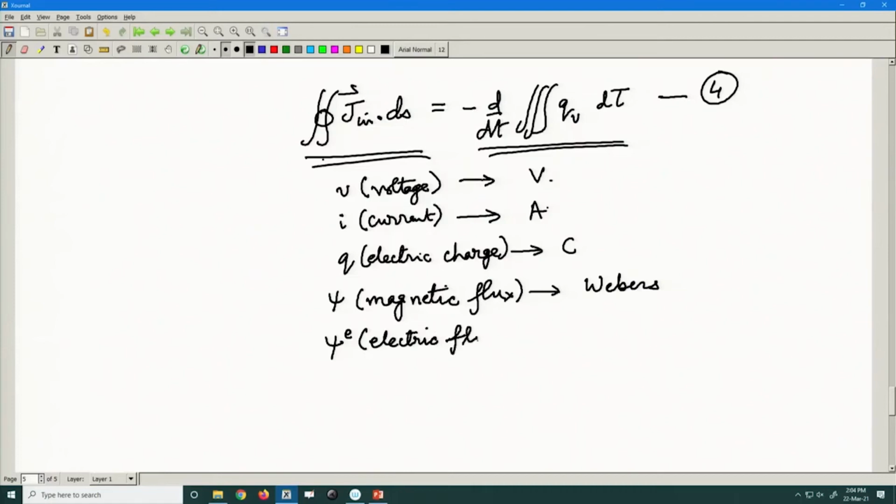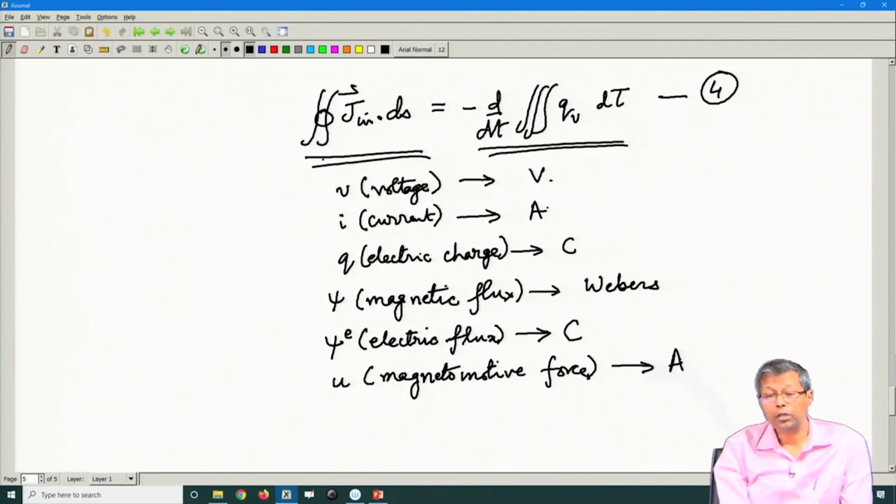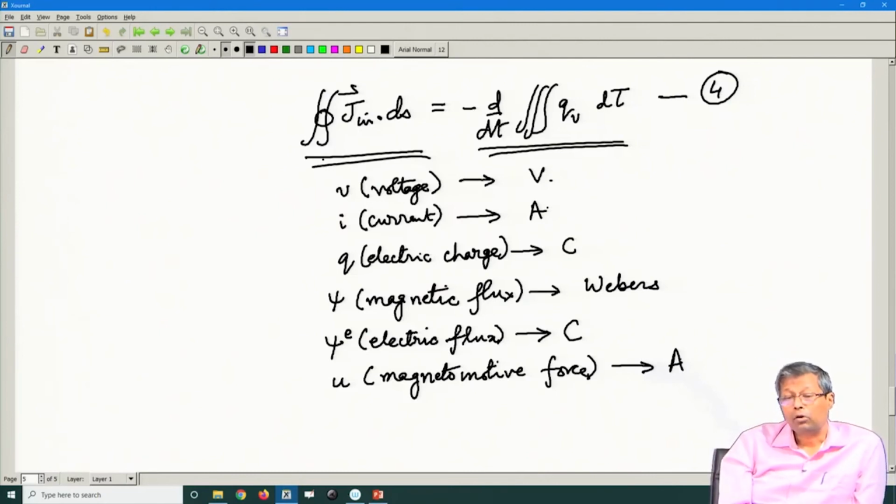Psi E, the electric flux measured in coulombs, and U, the magnetomotive force, again measured in amperes. So, these are the circuit quantities corresponding to the field quantities.